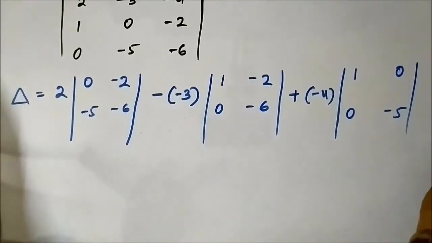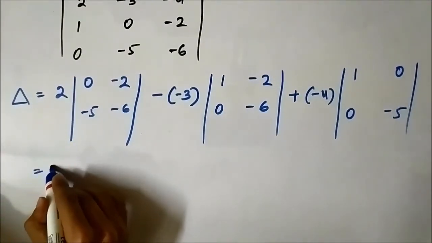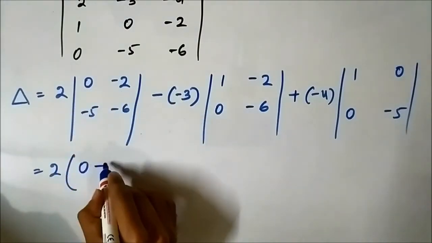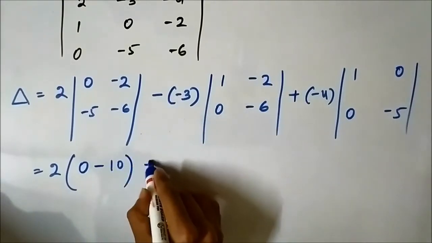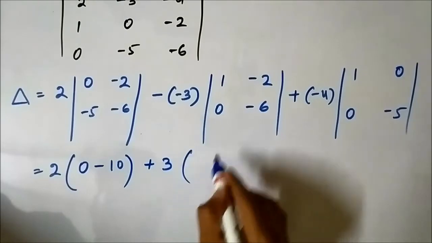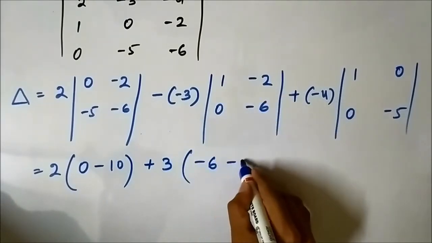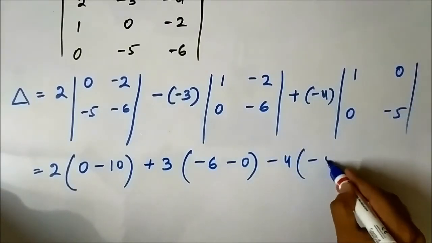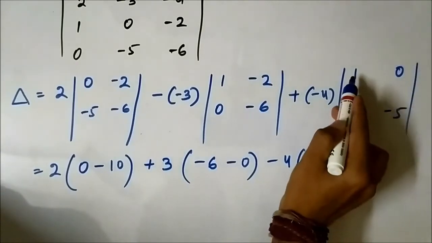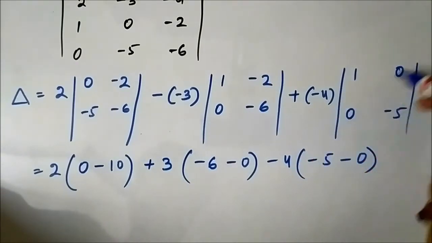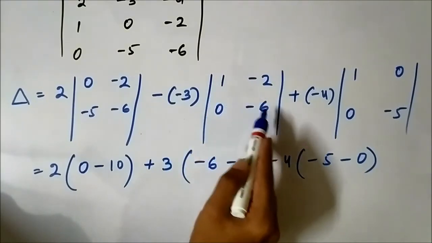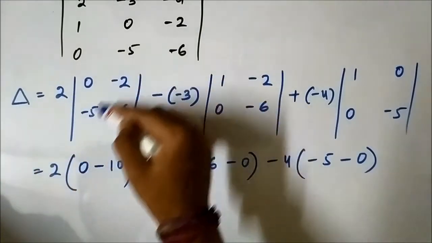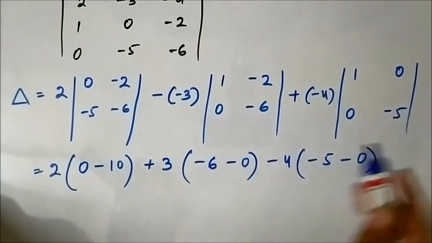Now we will evaluate the final result, which will be 2 into 0 minus 10. This will be plus 3, minus of minus will be plus, into minus 6 minus 0, minus 4 into minus 5 minus 0. Principal diagonal elements are multiplied, then the other diagonal elements, and then we subtract them, in each of these.